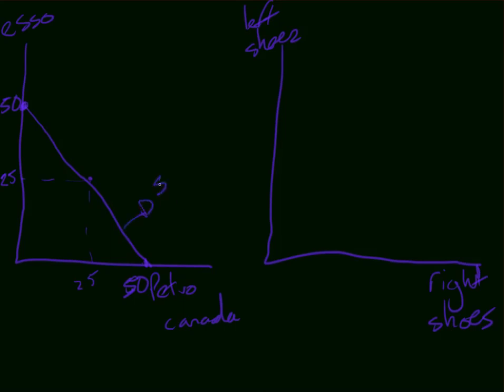So here we would have a straight line indifference curve. And what kind of category of goods would this have to be? It's a category of goods that we would coin as perfect substitutes.